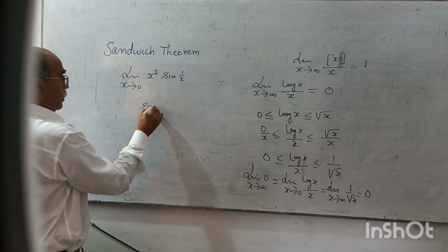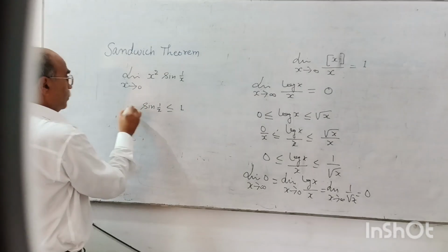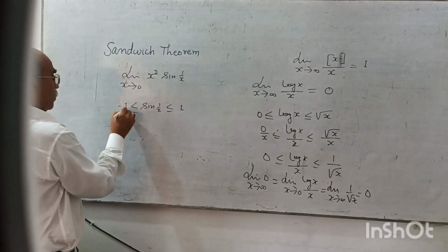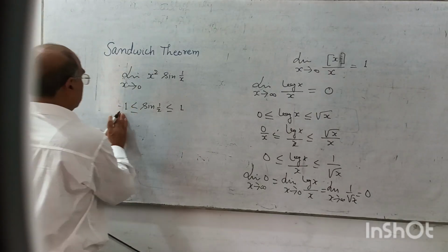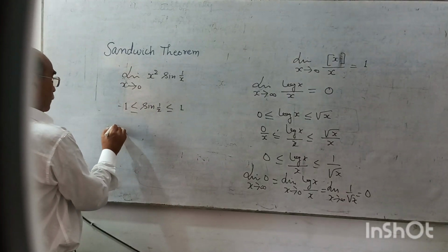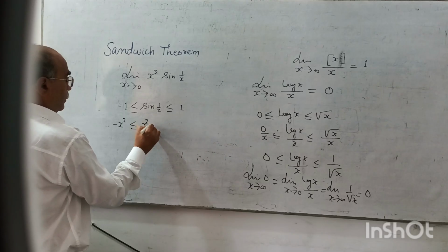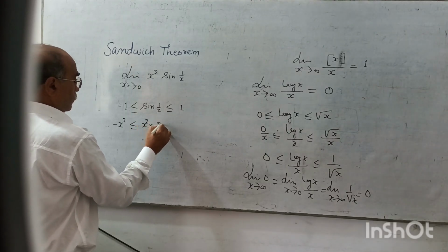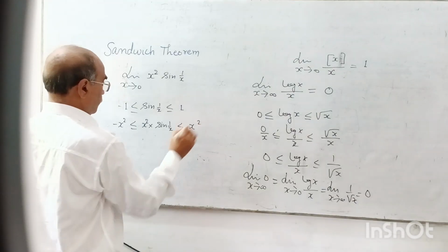So you can say sine 1 upon x is always between minus 1 and plus 1. Now multiply both sides by x square: minus x square, x square multiplied by sine 1 upon x, and x square.